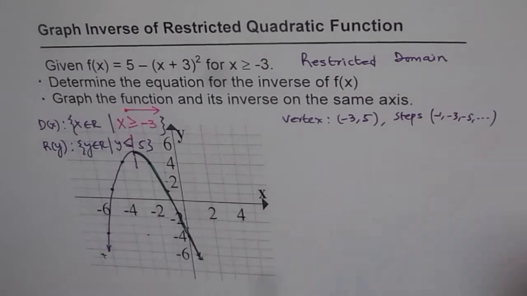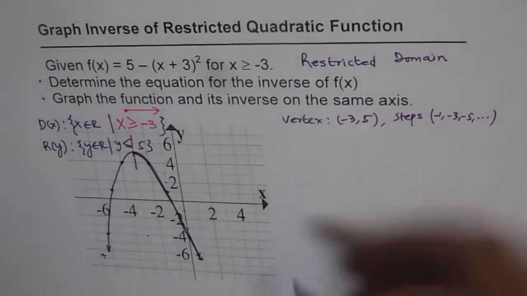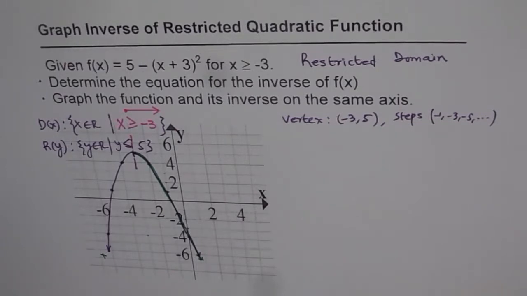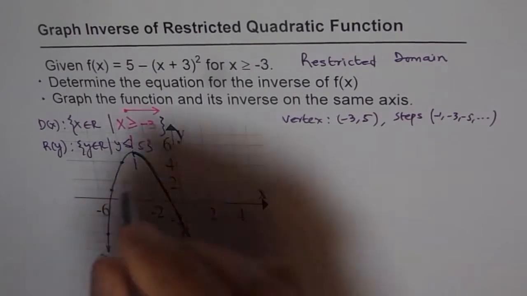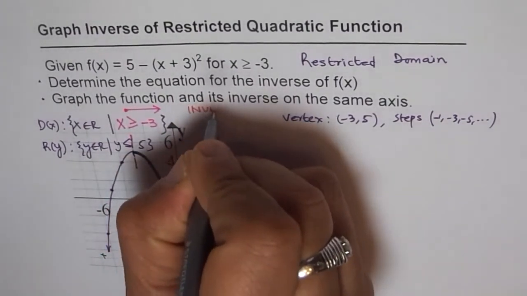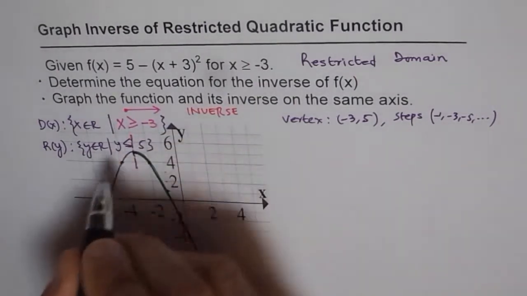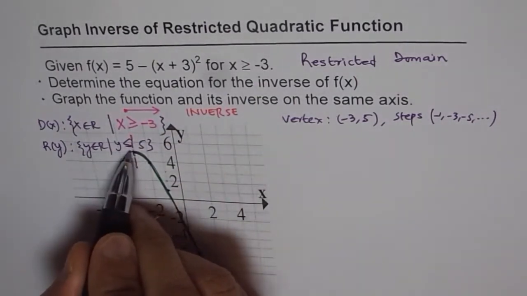And from here, if you think about your inverse function, what will be the domain and range for the inverse function? Think about it. In the inverse function, it is going to swap. So for the inverse, the domain will become less than or equal to 5.